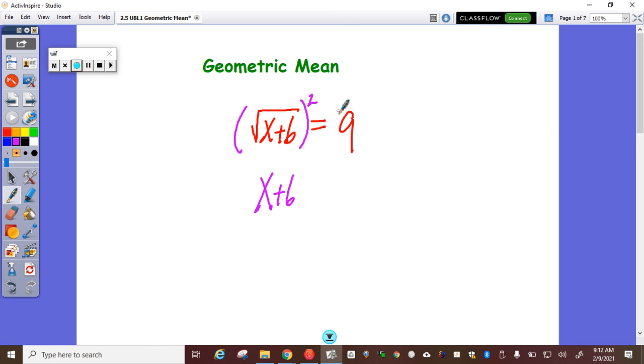If I do it over here, I have to do it over here. So I have x plus 6 equals 81. So therefore, in this case, x would equal 75. You're going to have to remember how to do this, okay? Because when we get into this next section, I need for you to know how to simplify or solve for a variable this way.